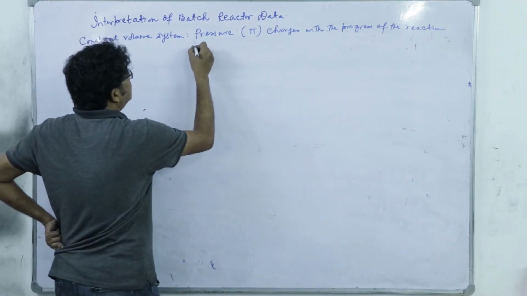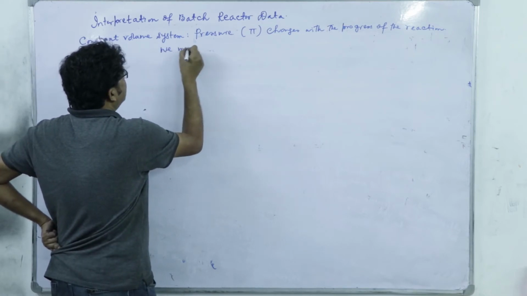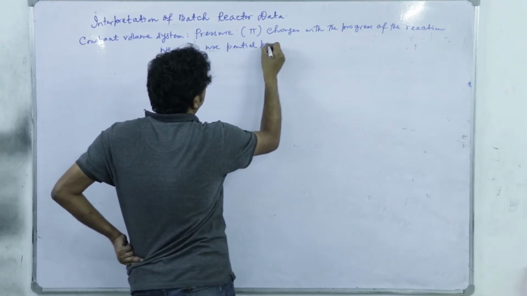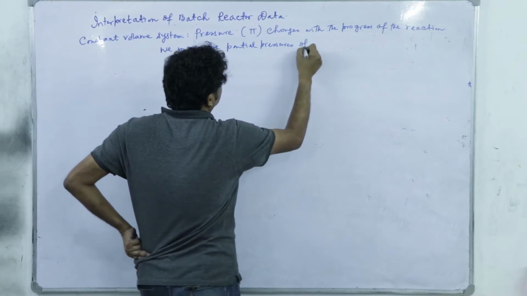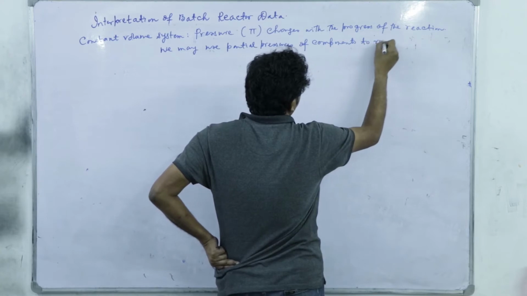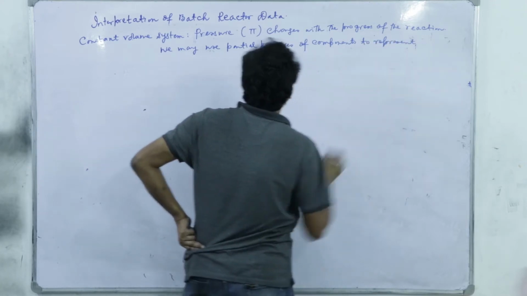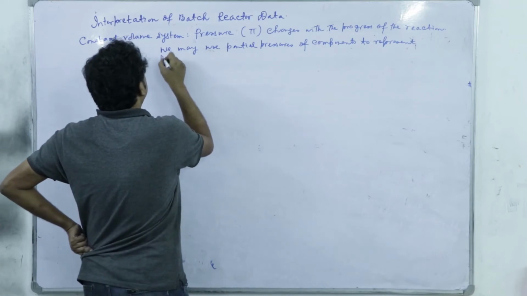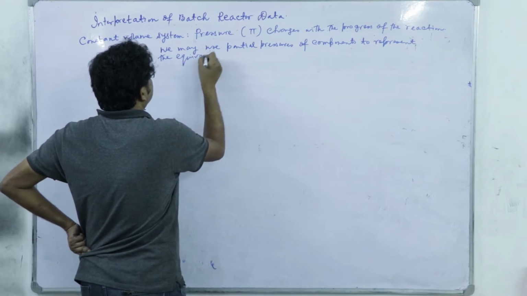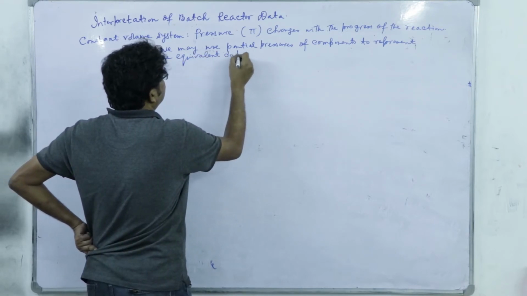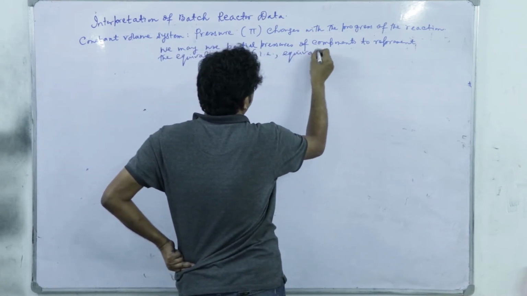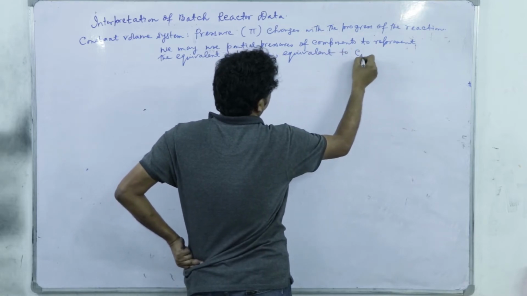And you see that we may use partial pressures of components to represent the data equivalent to CA versus t.